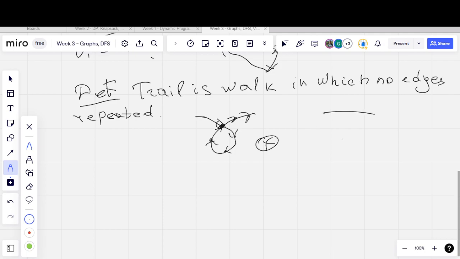And in this case, no. If we go along this edge twice, it will not be a trail. So that's the definition.